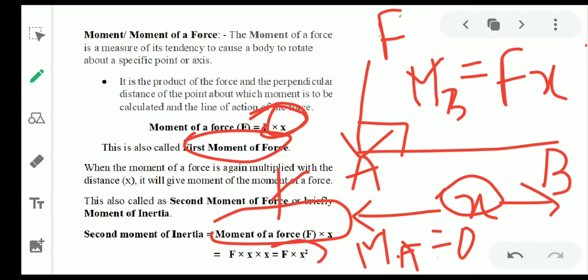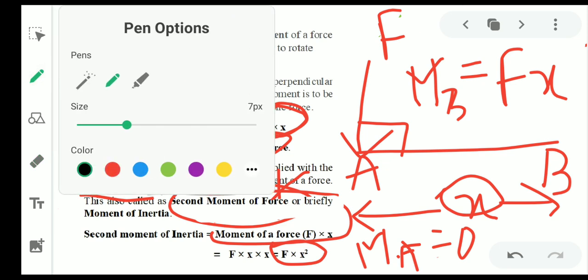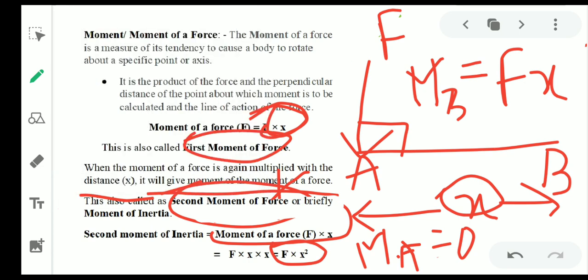This will be F into x square, because the distance is multiplied twice. Or simply, as written here, when the moment of a force is again multiplied with distance x, it gives the second moment of a force. This second moment of force is briefly called moment of inertia.